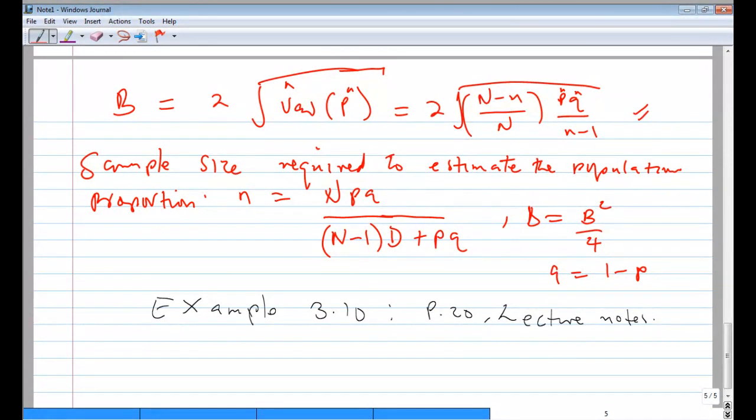Have you estimated the population proportion? Yes. What is the answer? Anyone?